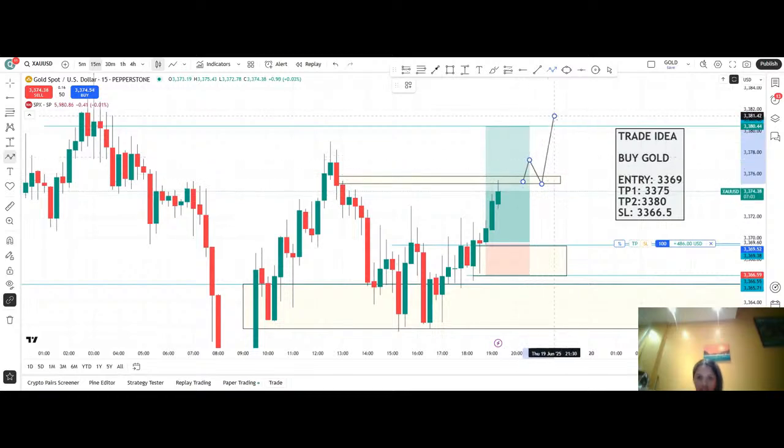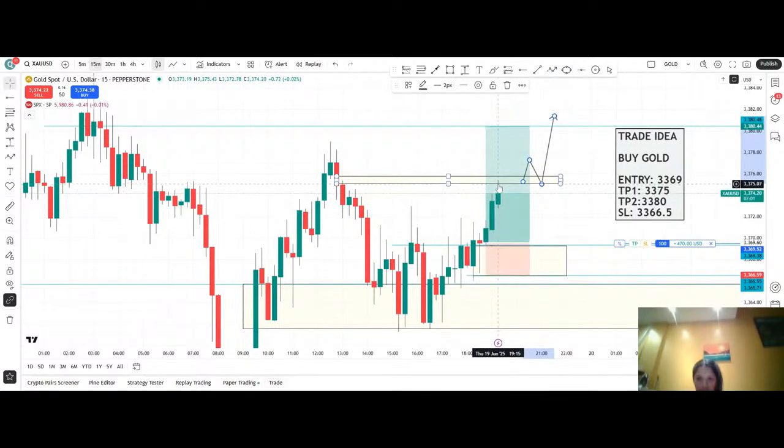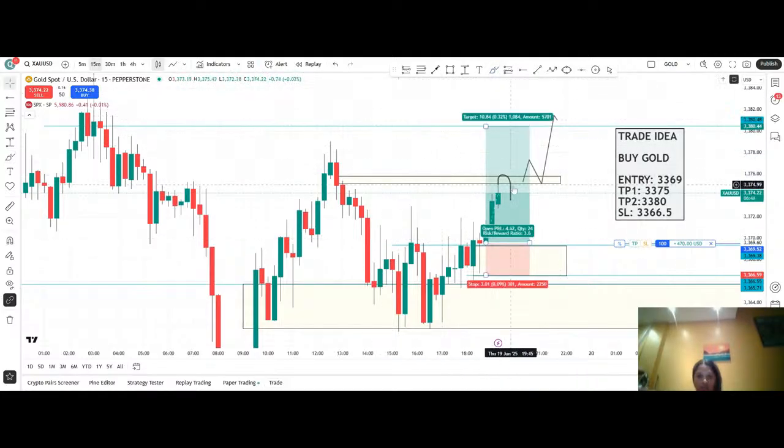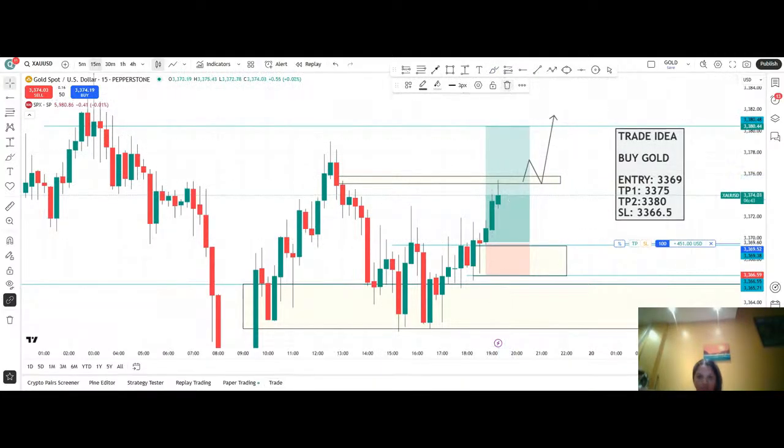Price touched 3375, as you can see, and it's rejecting off there. But this candle is not closed yet. I would like to see that bullish candle close at least above or in this area here, in order for price to go to TP2.